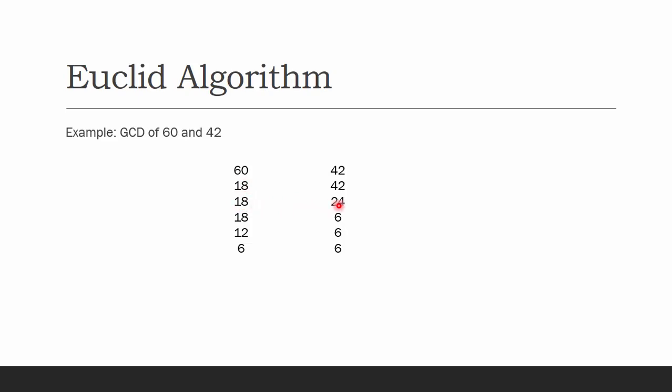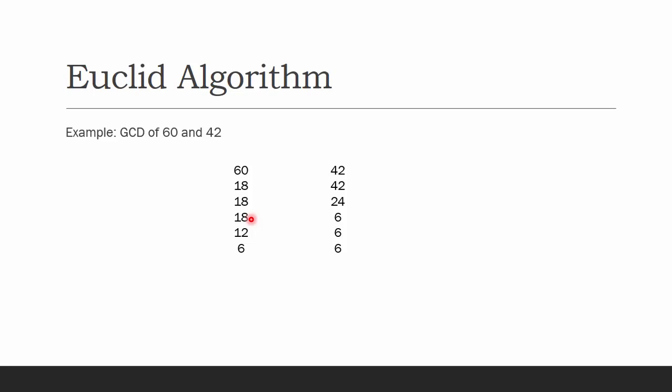18 is still less than 24. So we still subtract 18 from 24. 24 now becomes 6. 18 stays for the next iteration. Now 6 is less than 18.